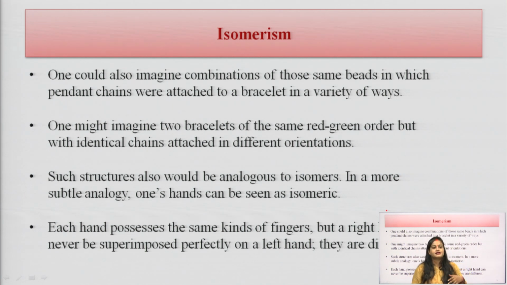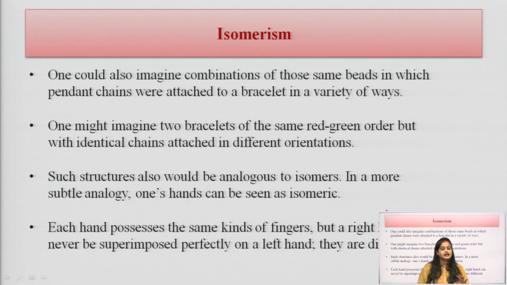In a more suitable analogy, one's hands can be seen as isomeric. Each hand possesses the same kind of fingers, but a right hand can never be superimposed perfectly on a left hand.